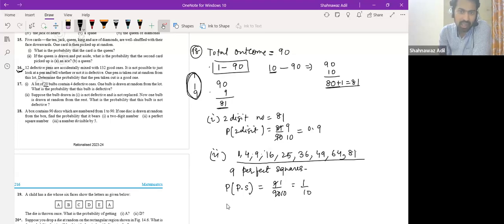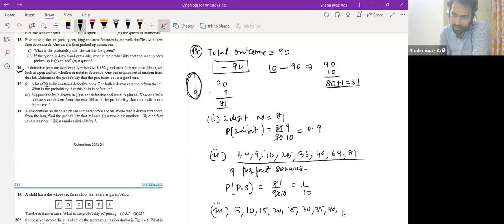Right. And what about a number divisible by 5? Okay, again, the first number is 5, and then 10, 15, 20, 25, 30, 35, 40, 45, 50, 55, 60, 65, 70, 75, 80, and 85.